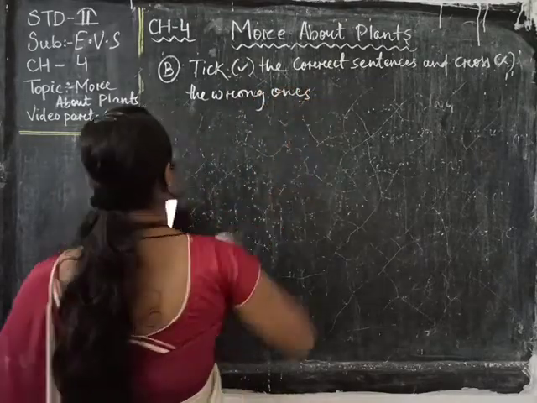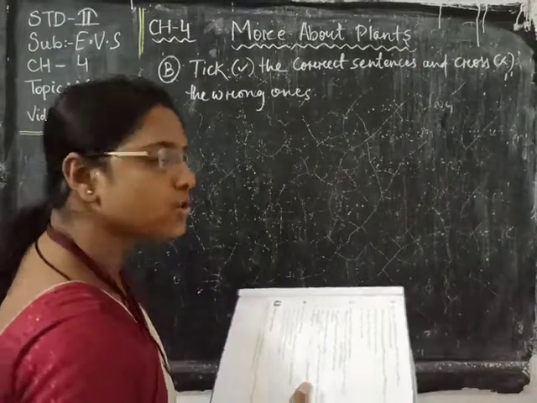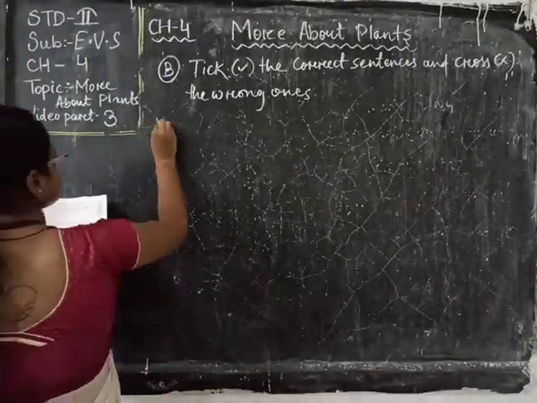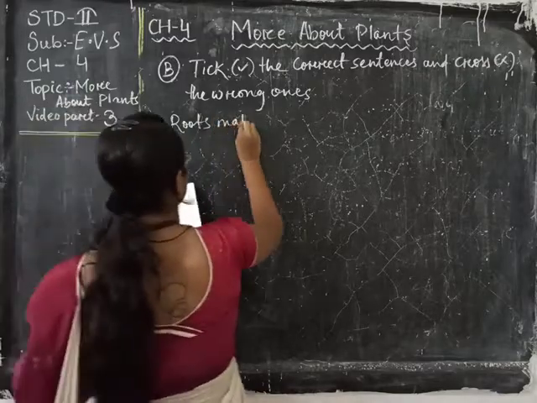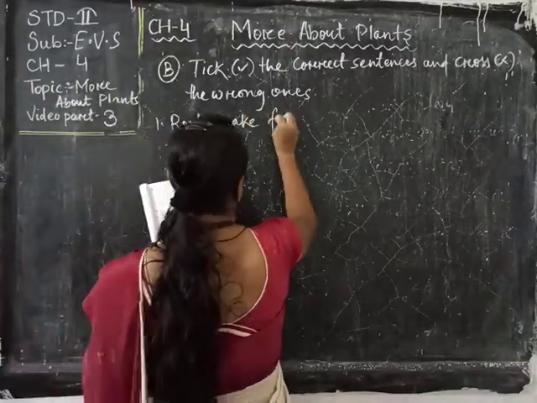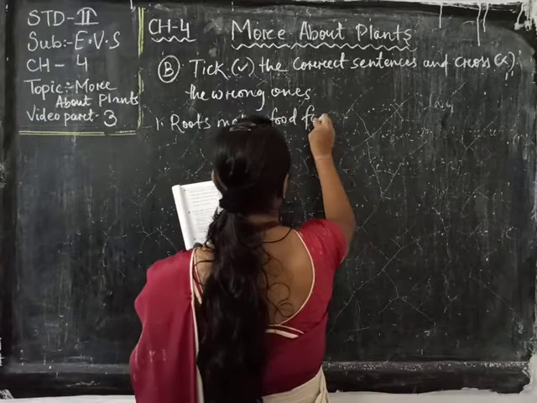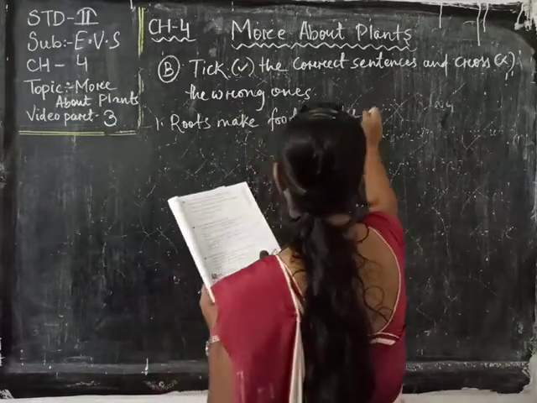You will not write this question because it is in your book. Let me write first. Number 1, roots make food for the plants.